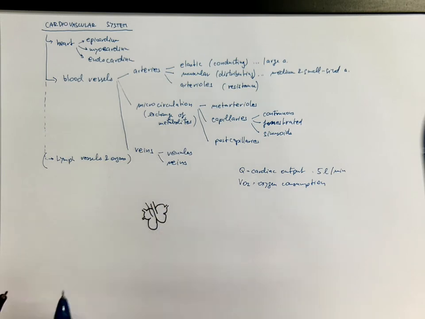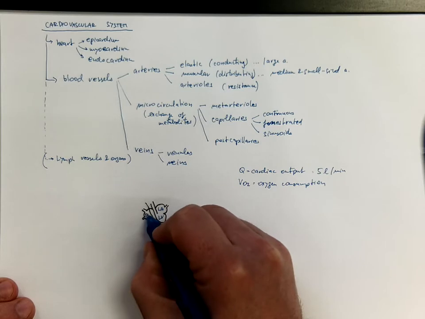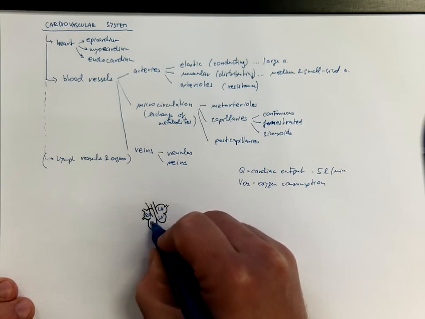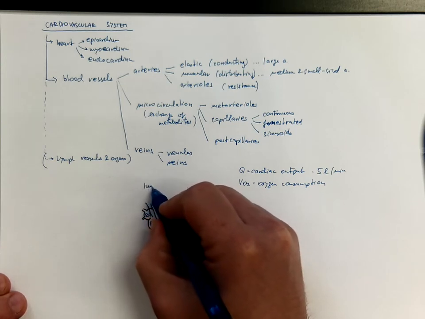Let's have a look on various compartments of human body. This will be the left atrium, left ventricle, right atrium, right ventricle. We got lungs here.